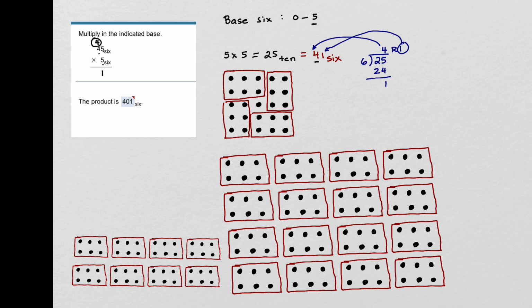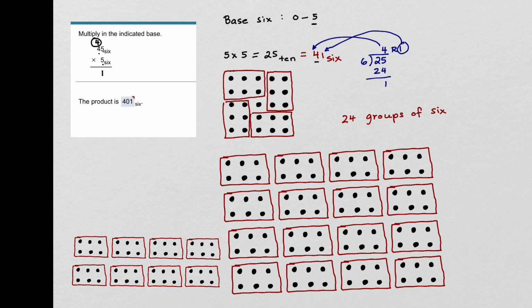Okay, so what I want to know is how many groups of 6 are there? So if I count this up, we've got 24 groups of 6. But 24, bigger than 5, we can't use that as our digit.